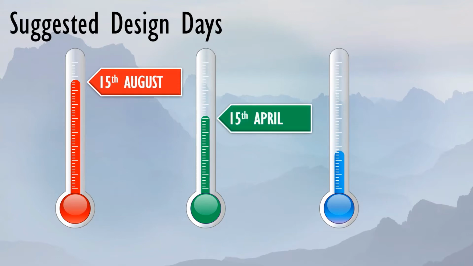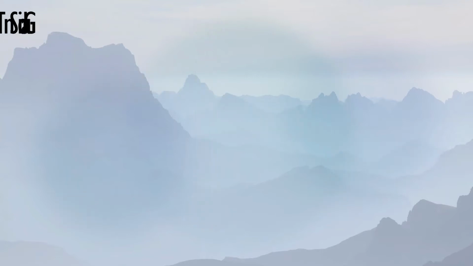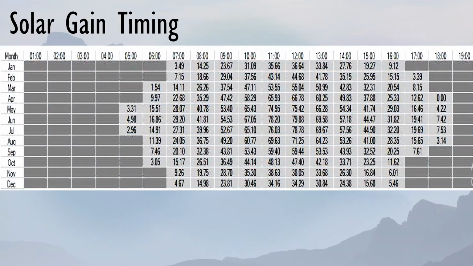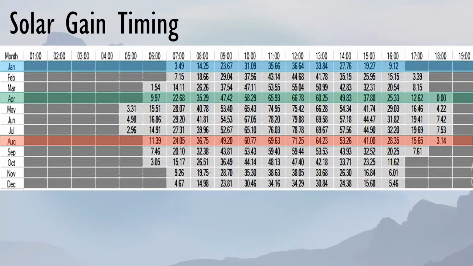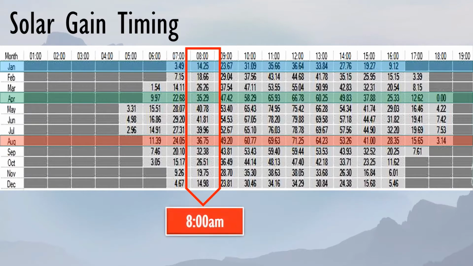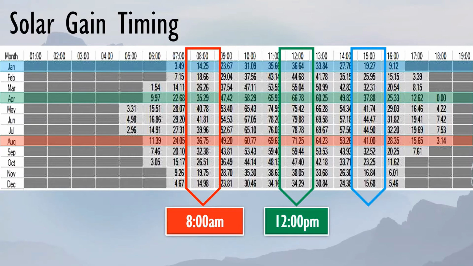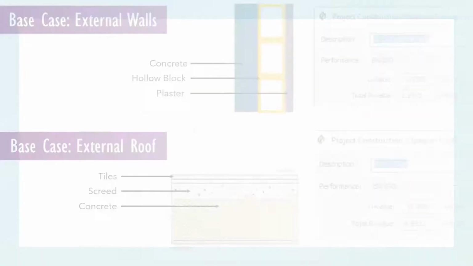The 15th of August was chosen for the summer, 15th of April for spring, and 13th of January for winter, to check for the whole year season. The times of the day were chosen according to the table of solar altitudes in order to choose times that the surfaces benefit from solar gains through the day: 8 a.m., 12 p.m., and 3 p.m.